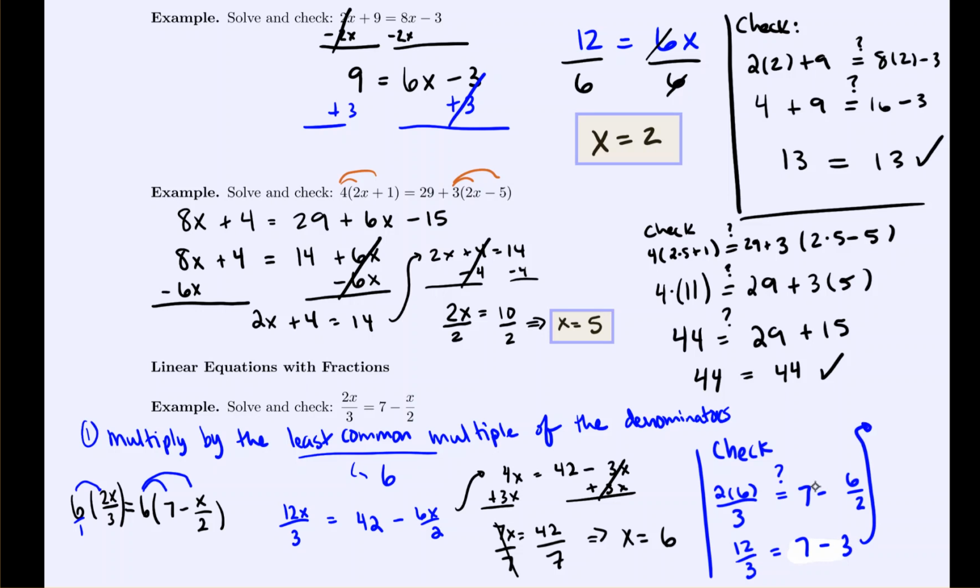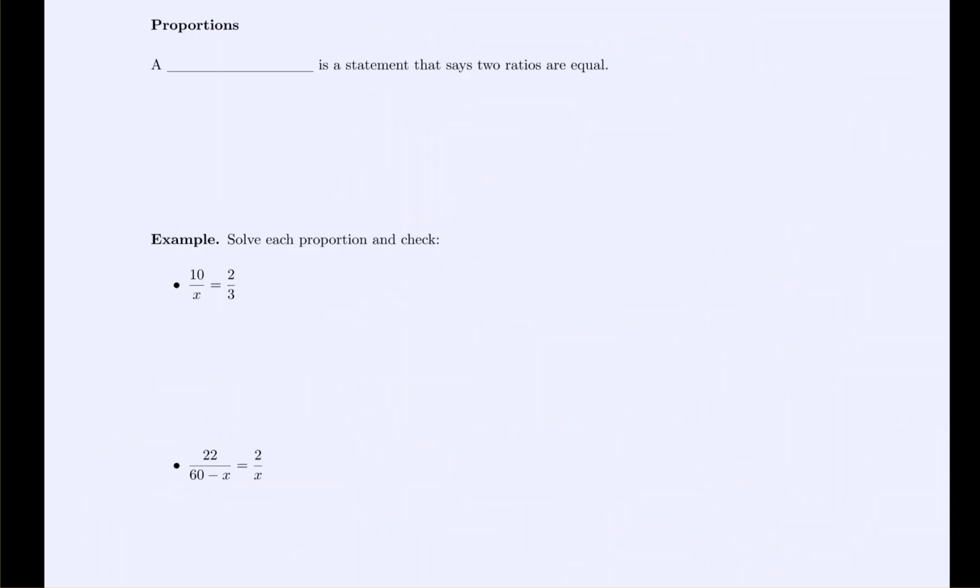Now that would simplify to 12 divided by 3 is 4. 7 minus 3 is also 4. So it does work out. We can be confident that 6 is the right answer, because when we plug 6 into both pieces of the expression, we get equal statements.